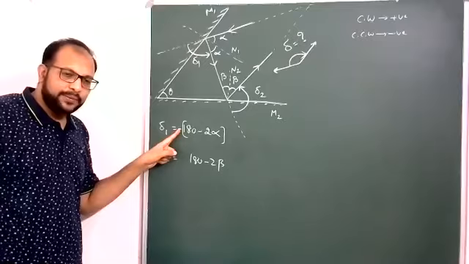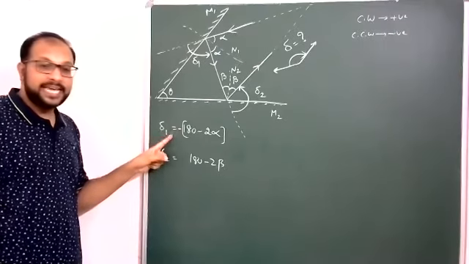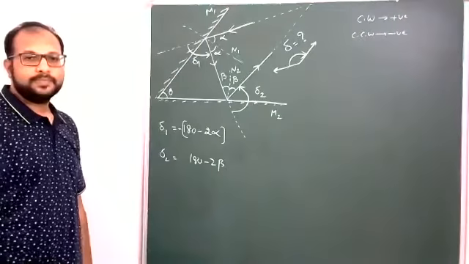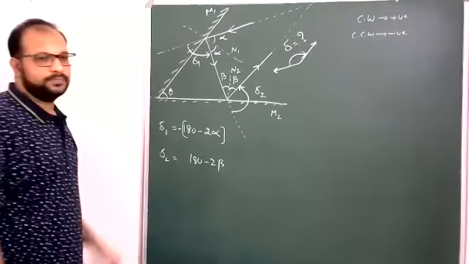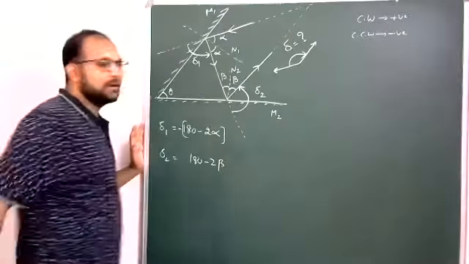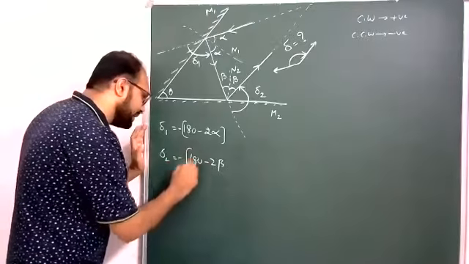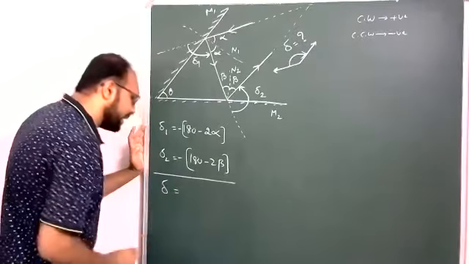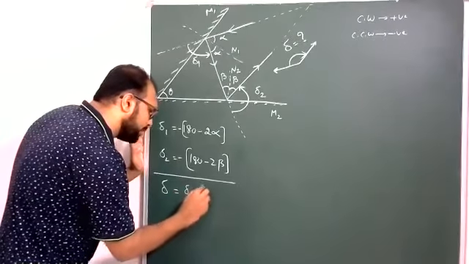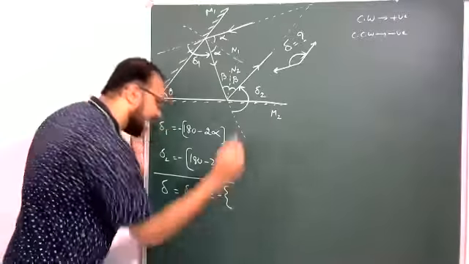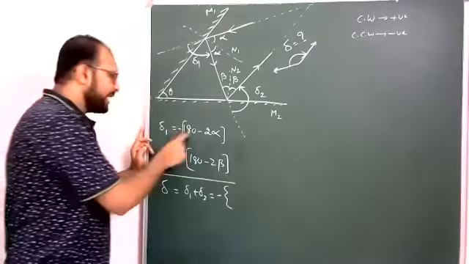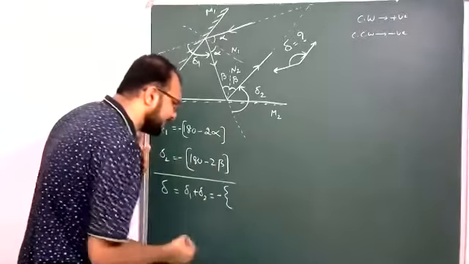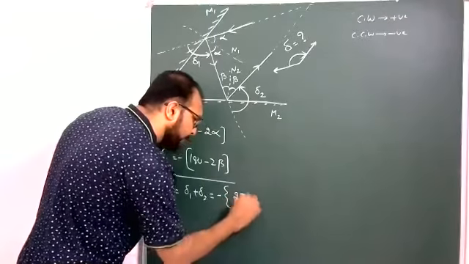What does this negative represent? The deviation is counterclockwise, because here you assume counterclockwise as negative. Next, delta 2 is also in the counterclockwise direction, so again a minus. Now the net deviation delta equals delta 1 plus delta 2, that is minus of 180 minus 2 alpha plus 180 minus 2 beta, which totals 360. 360 we can write as 2 pi.